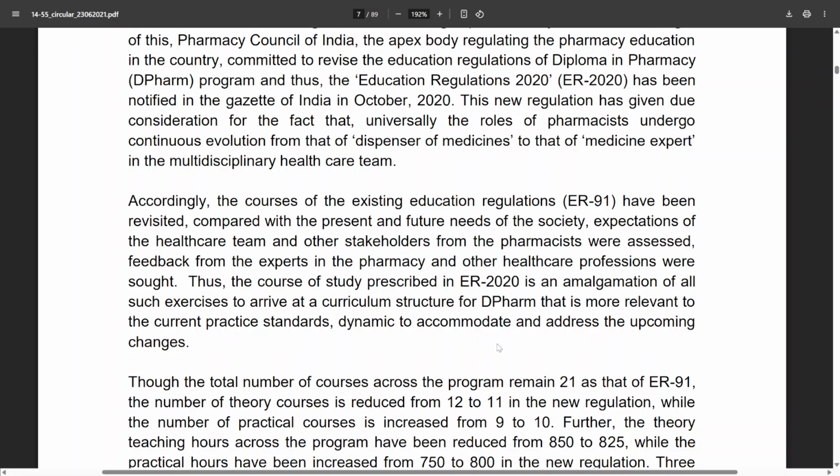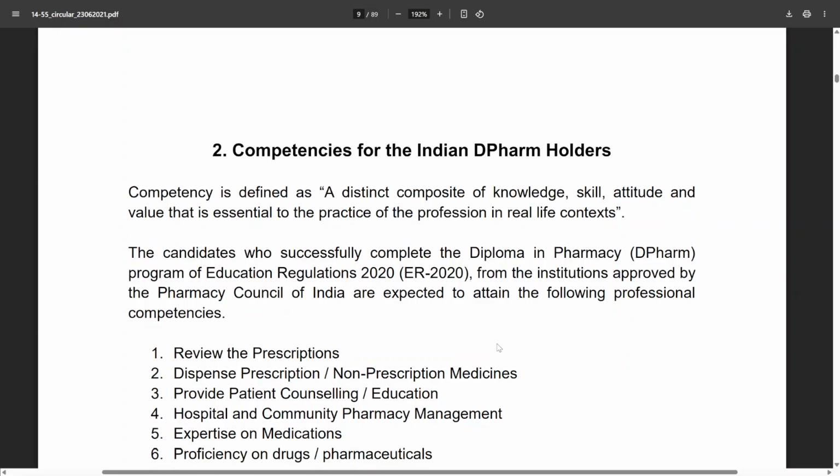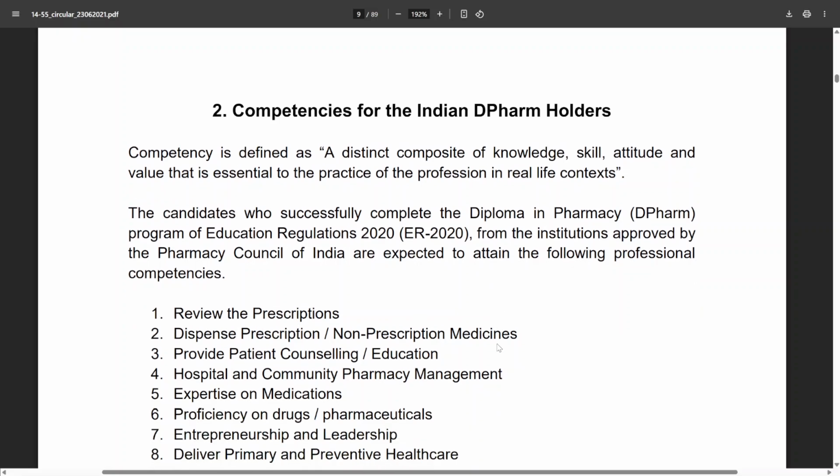Now let's move to the next part, that is competencies for the Indian Pharm holders. So you must have all these competencies. What is competency?